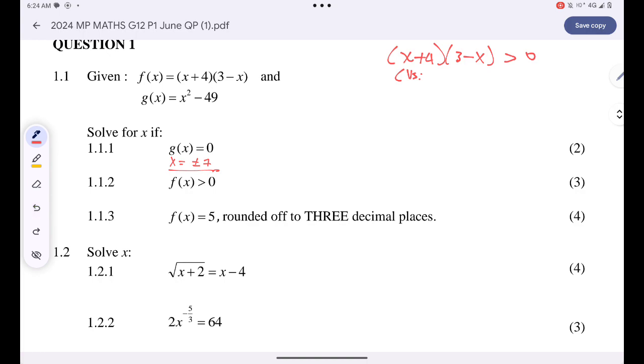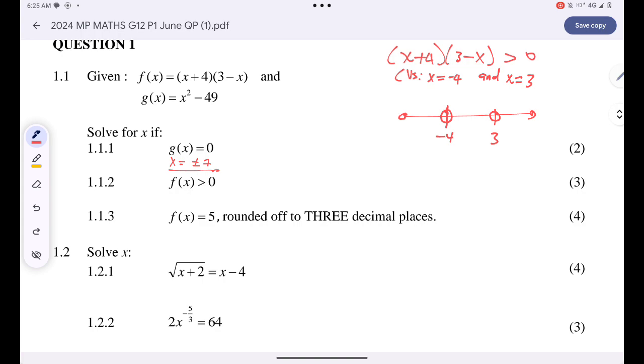Are you together? I know that when x is negative 4, this will give me 0, and when x is equal to 3, that will give me 0. After finding my critical values, just place them on the number line in ascending order. Are you together? I'll simply have negative 4 and 3. They are both not included, so I'm not going to include them as well.